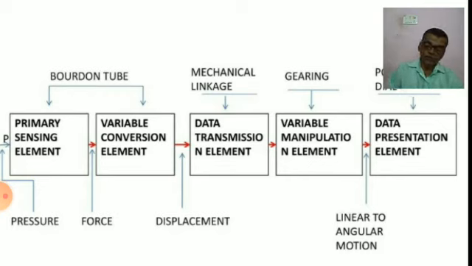In this case, the final data presentation stage consists of the pointer and dial arrangement. They are calibrated with known pressure inputs and give an indication of the pressure signal applied to the Bourdon tube. So this is regarding the generalized measurement system applied to the Bourdon tube pressure gauge.